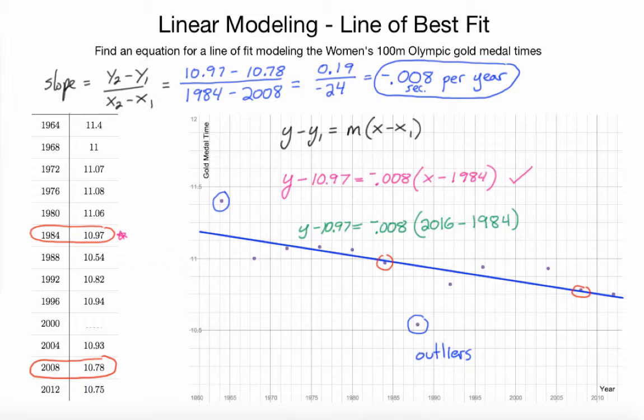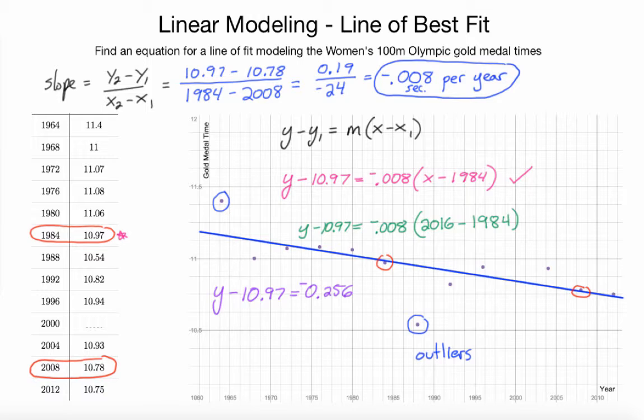And I get to this point now. So we've got y minus 10.97 equals 0.256. And that is a negative value, so negative 0.256.